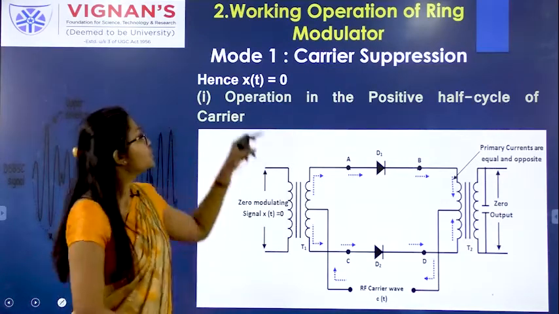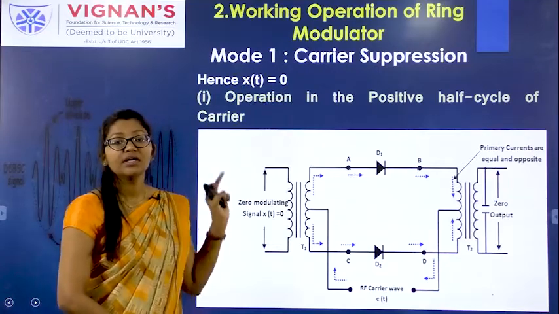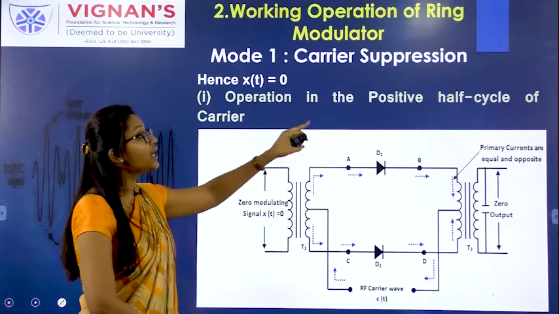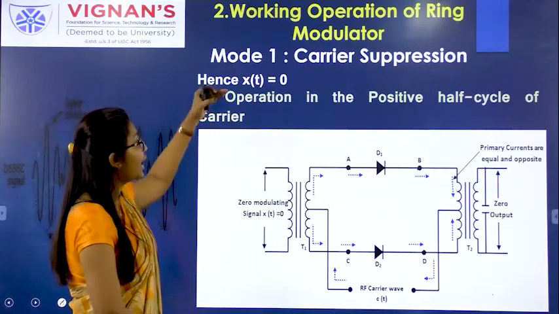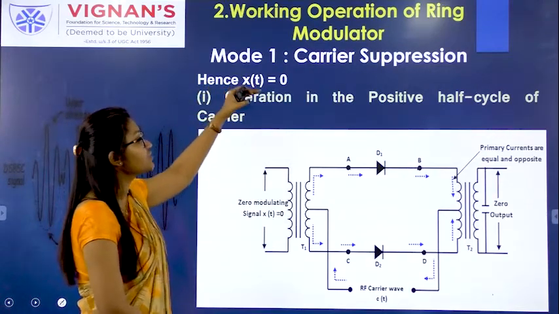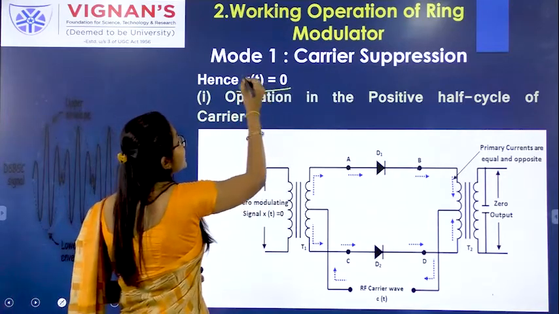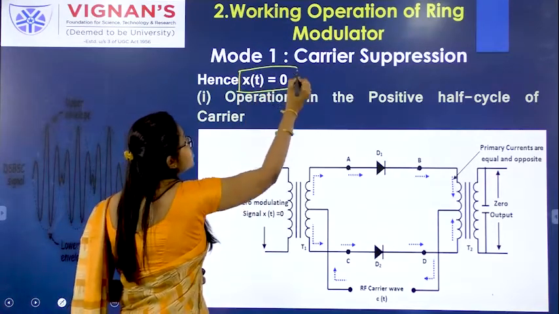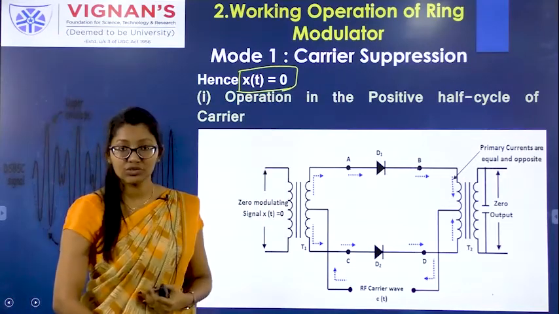So first, mode 1, carrier suppression, right? In this we will see how we are suppressing the carrier. For this, I am taking the message signal x of t equal to 0, assuming the message signal x of t equal to 0.